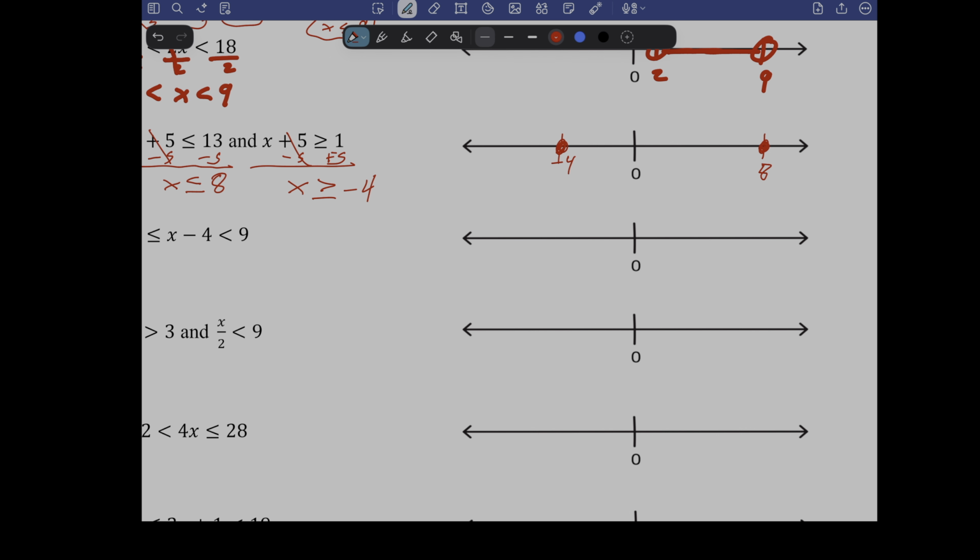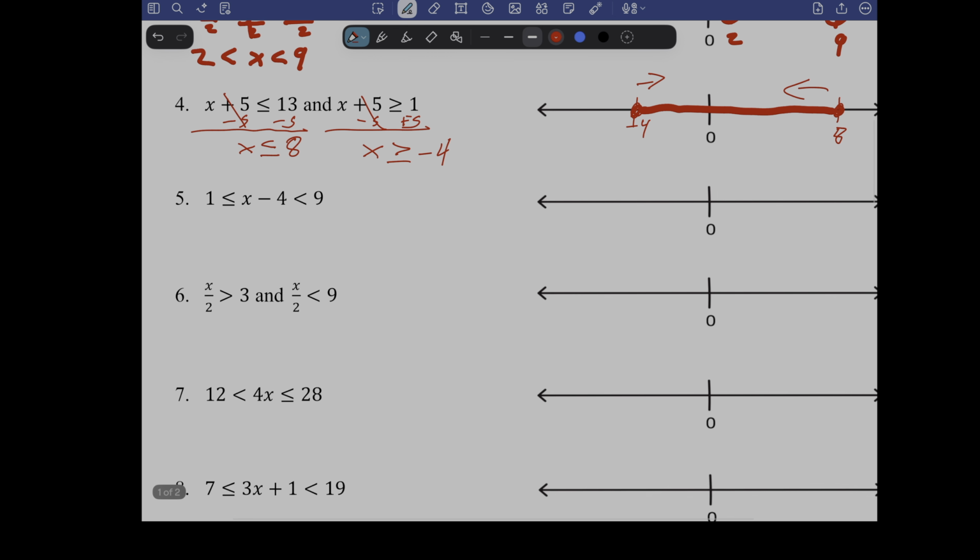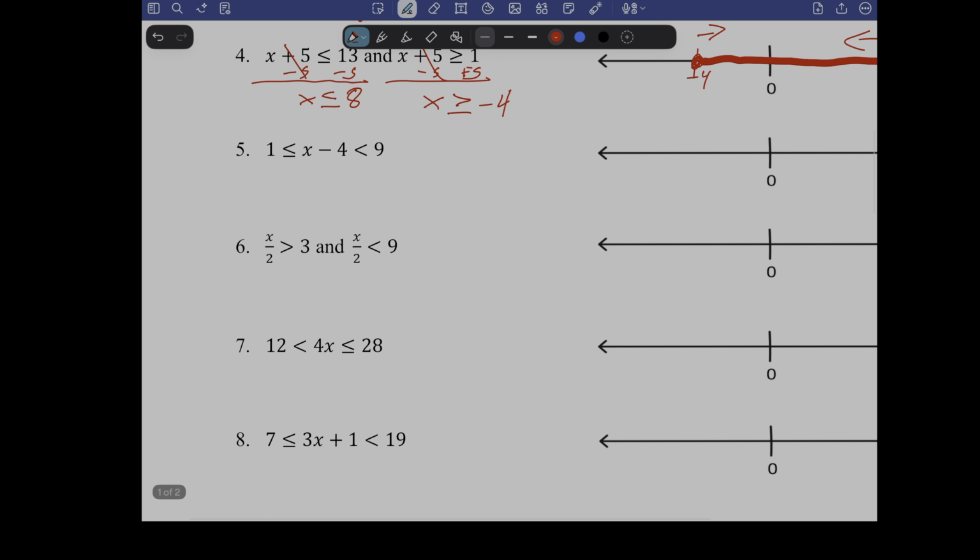I'm learning now as I'm doing these. Okay, so it's between -4 and 8, and it's got to be less than 8, which is that way, and it's got to be greater than -4, which is that way. Therefore, I know now that my answer is going to be in between. Okay, let's go on to the next one.